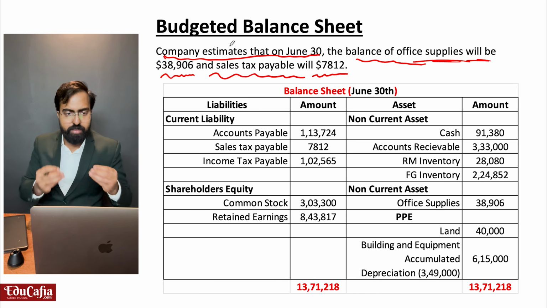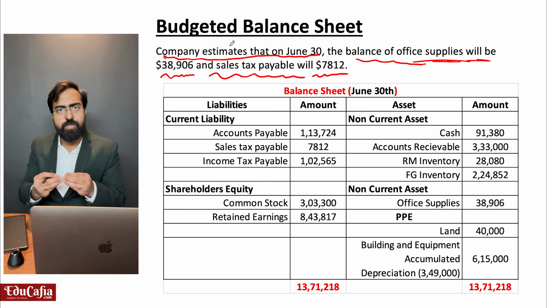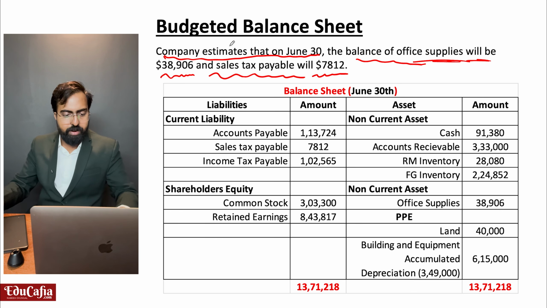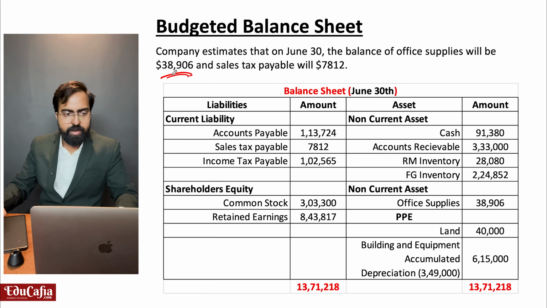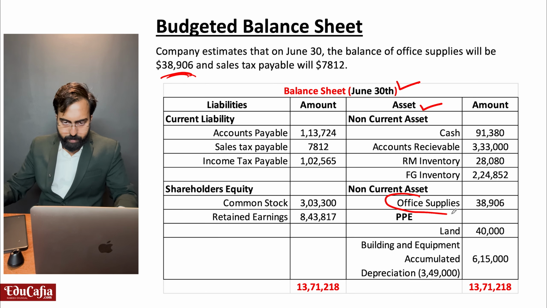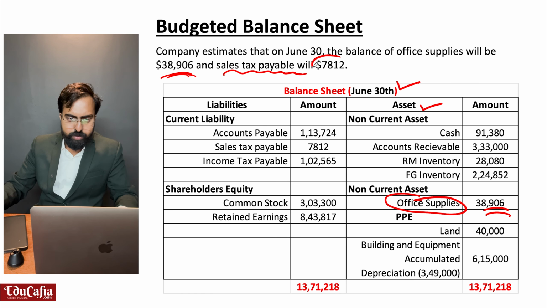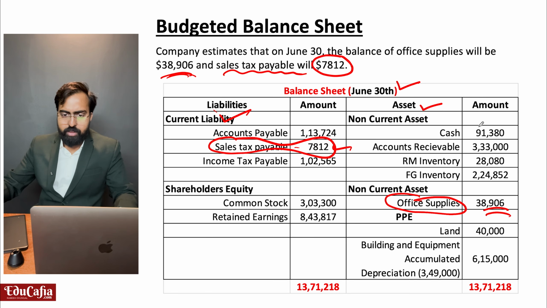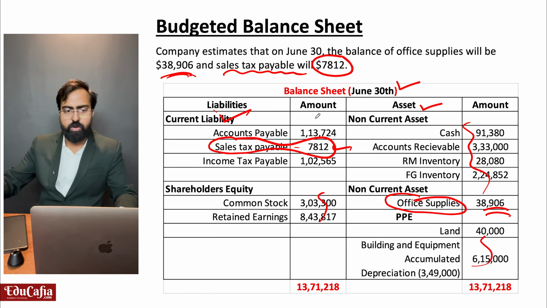That is office supplies, so that is also an asset of the company. Under assets you can see office supplies, 38,906, already given. And sales tax payable, 7,812, is under current liabilities. So these two are already given, and the other items we have to find out.